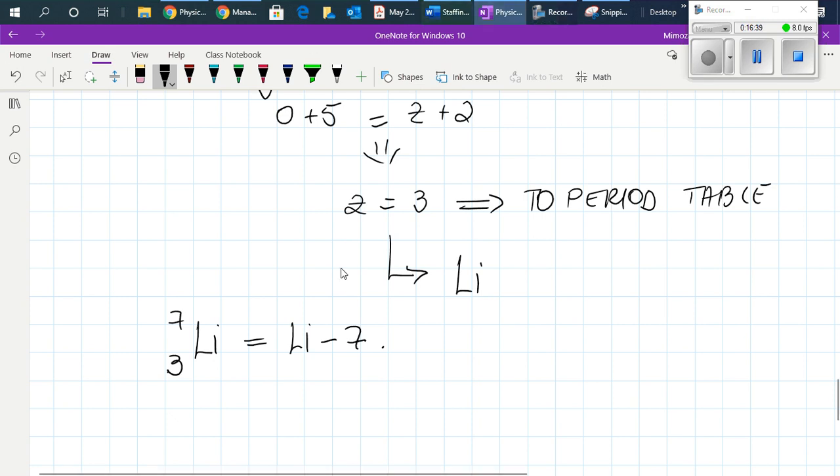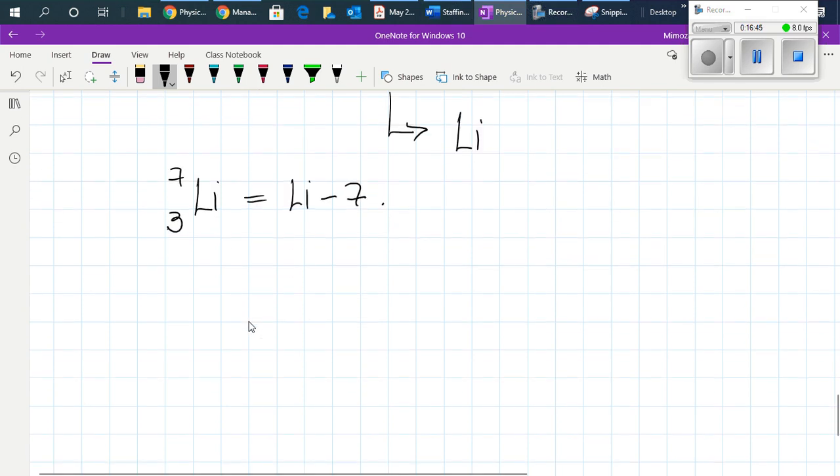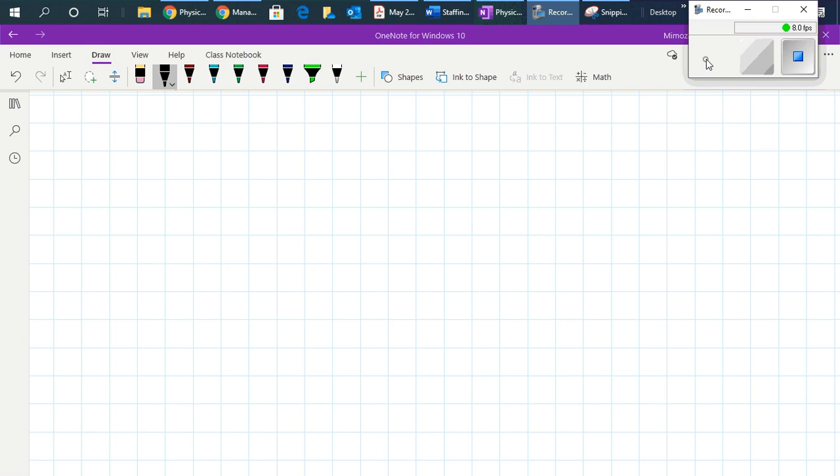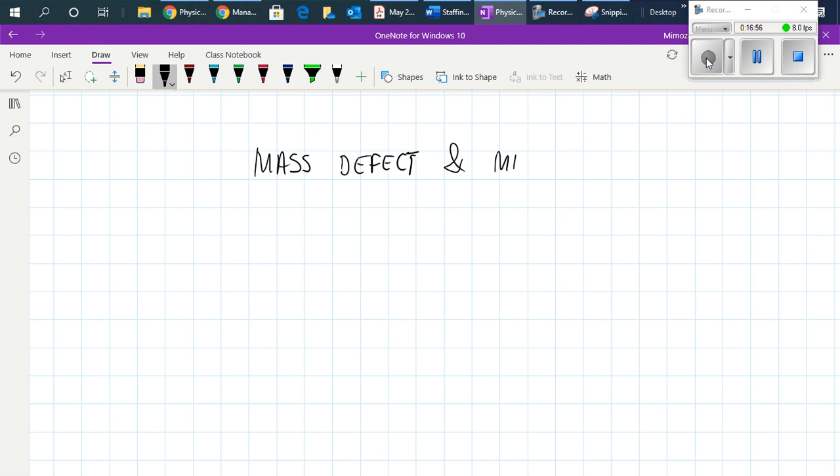Okay, so let's move now to what is known as the mass defect and mass energy equivalence.